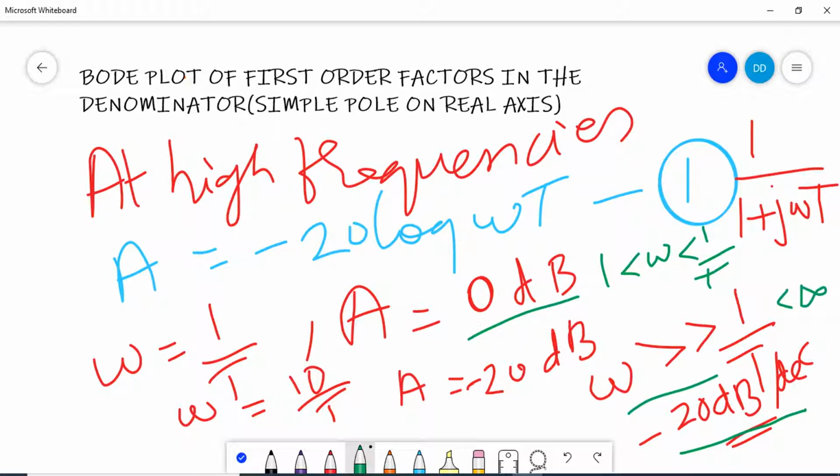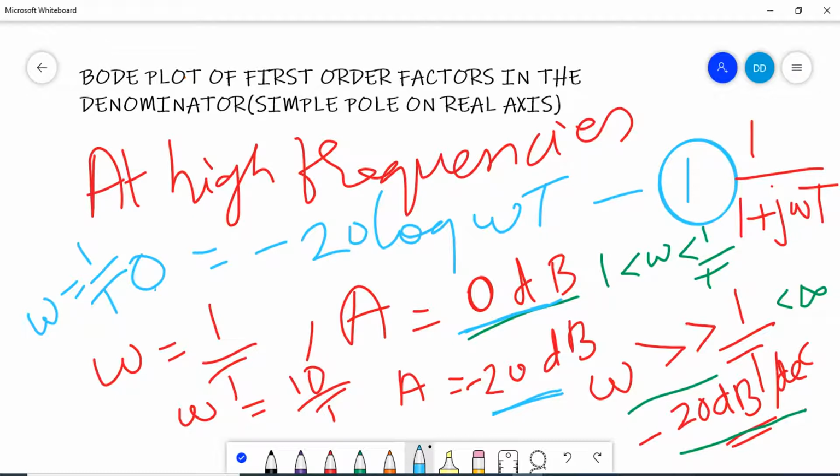The point of intersection of these two lines can be obtained by equating equation 1 to 0. If we make A equal to 0, we will get the point of intersection of the 0 dB line and the minus 20 dB line. So if we equate equation 1 to 0, we get omega equal to 1 by T. These two straight lines, the 0 dB line and the minus 20 dB line, are called straight line asymptotes.